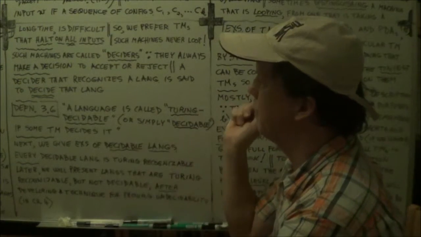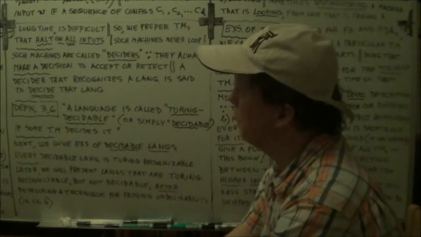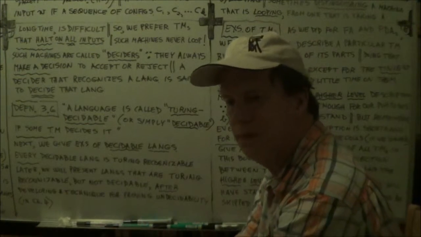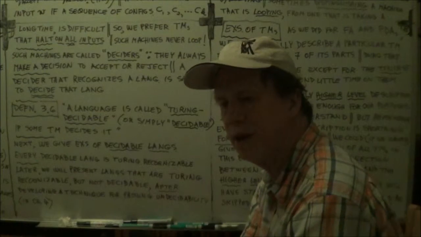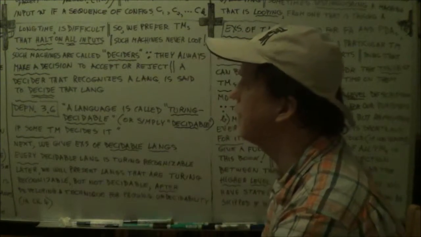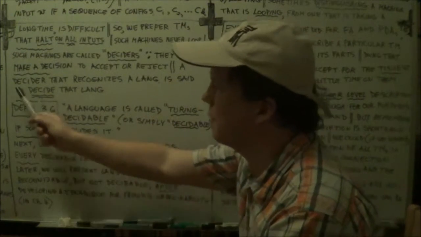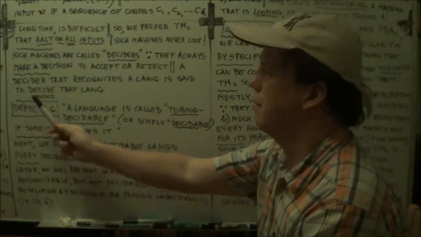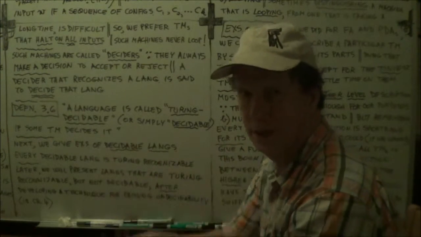So if you have a decider Turing machine and it recognizes a language, in other words, it accepts all the strings of that language and rejects all the strings that are not in that language, then that machine decides the language.